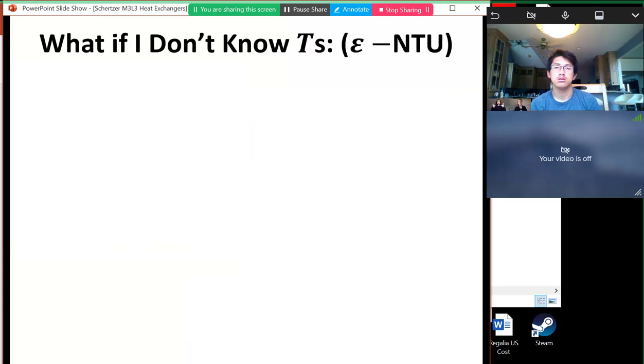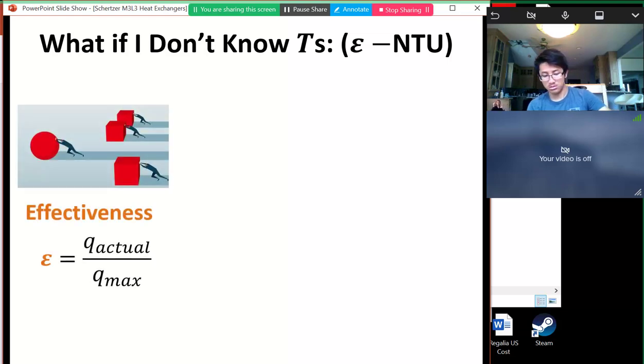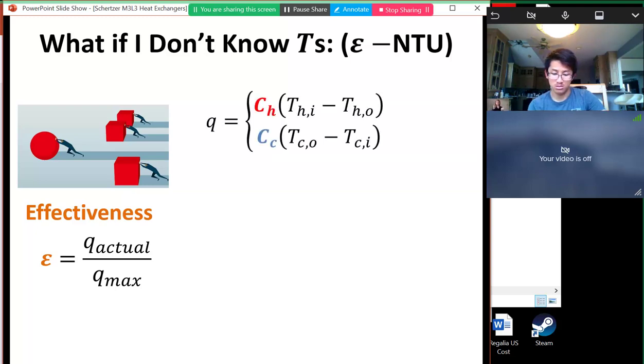So if I don't know the inlet and outlet temperatures, or I'm using something that's not a simple parallel or counterflow heat exchanger, then I'm going to suggest that we use the effectiveness-NTU method. So this involves knowing the effectiveness, right? We've defined the effectiveness as the actual heat transfer divided by the maximum heat transfer.